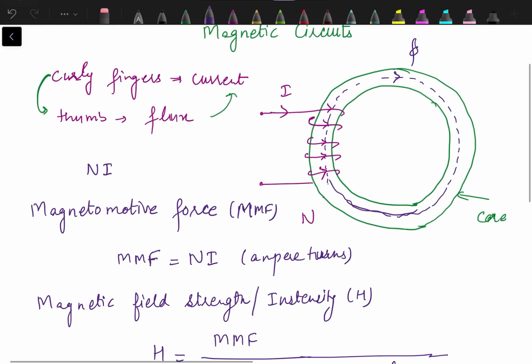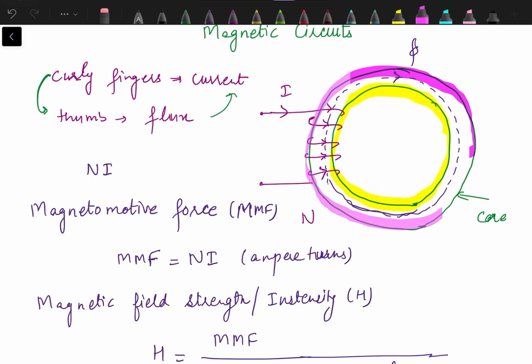Now if we just look into this magnetic circuit, the flux which is near to the inner perimeter of this circle will have a smaller perimeter value, while the outer perimeter is more.